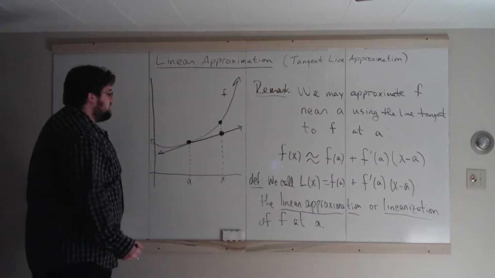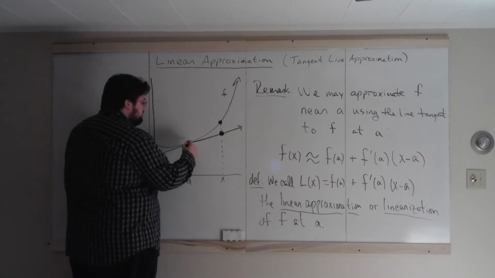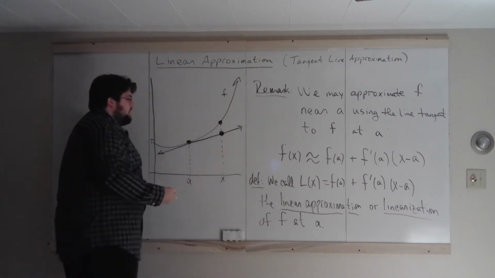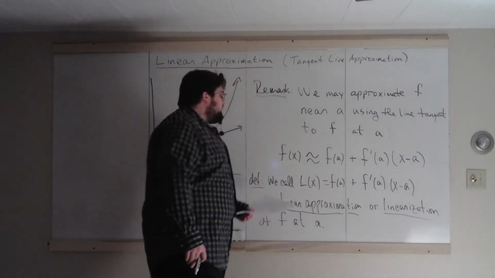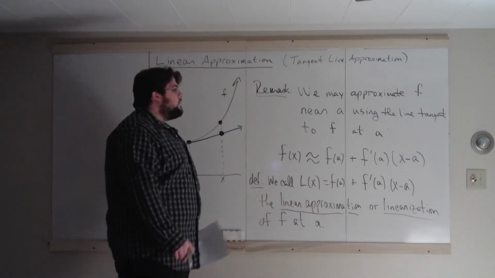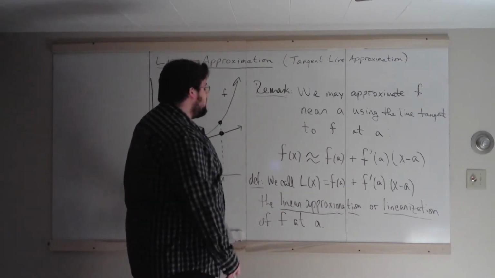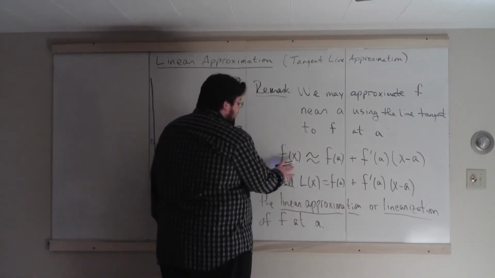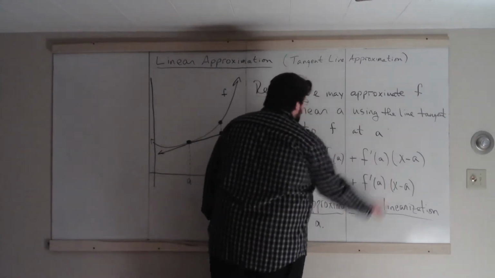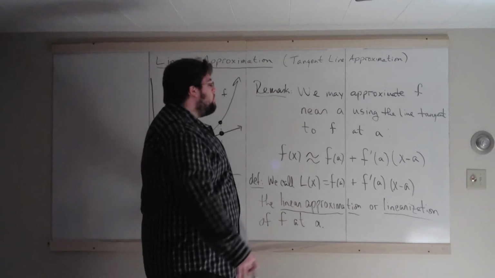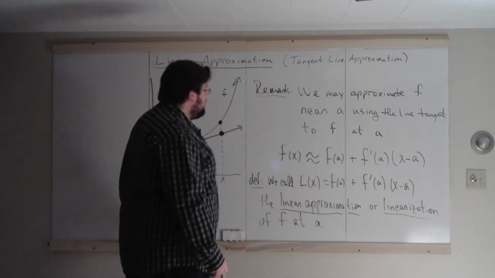So I like to think of that as f of x is approximately equal to this point plus a little bit more using the derivative. And this is found from the tangent line. You can see that it is actually just another rearrangement of the equation for a tangent line, because we'd have f of x minus f of A equals the derivative times x minus A. So that's a point slope form where the one y value is moved to the other side.